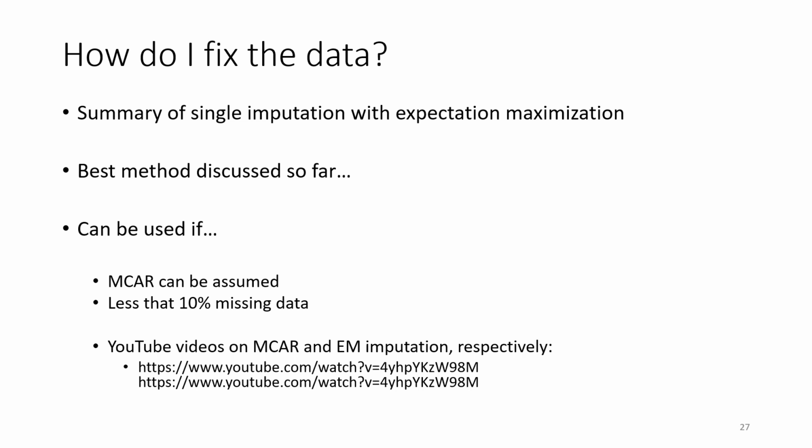In the next slides, I'm going to talk about two approaches that are considered to be equally valid for treating missing data when the assumption that we have to make is not missing completely at random, but rather is missing at random.